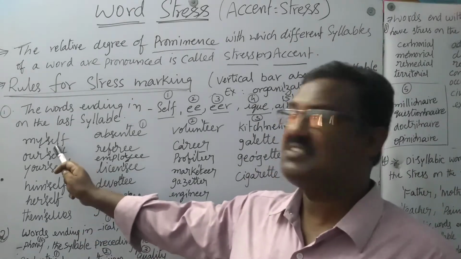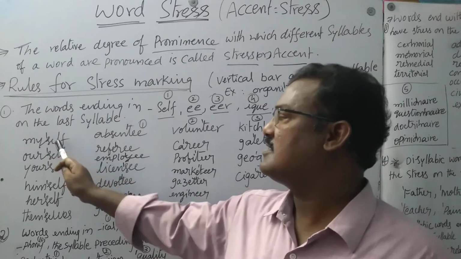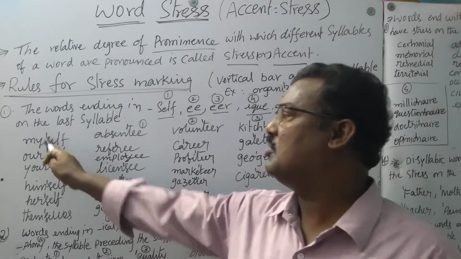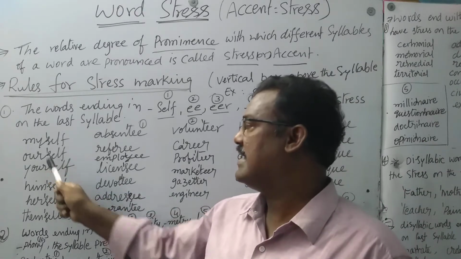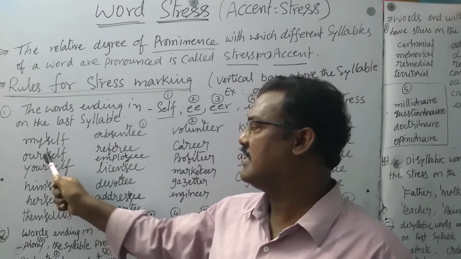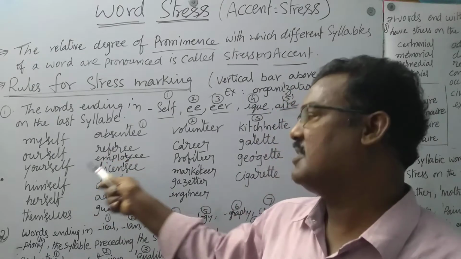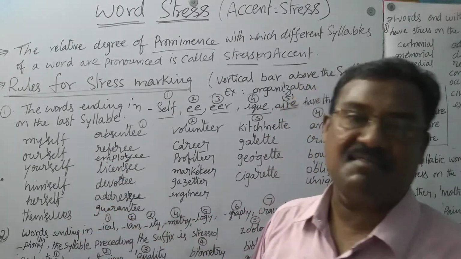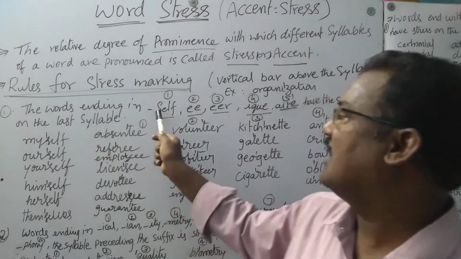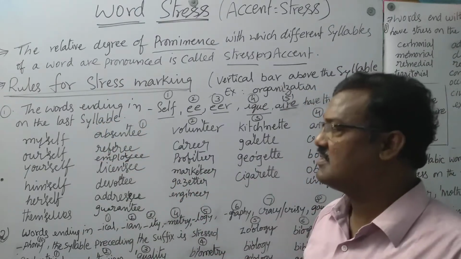Any word that ends with self, last syllable means self, above we have to draw a vertical bar. Same way, ourself, above vertical bar. That is ourself, yourself, himself, herself, themselves. This is the first model, if the word ends with self.